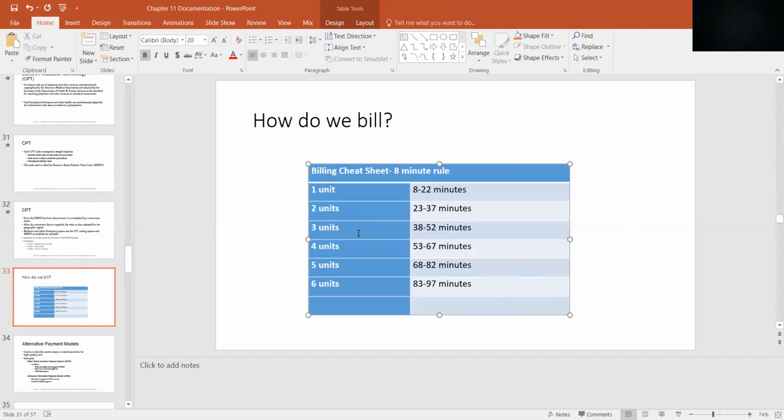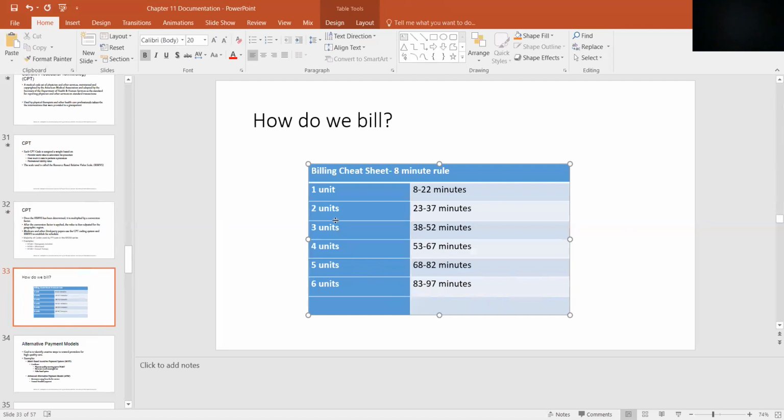Medicare doesn't necessarily like it when you get a lot of units of the same thing, and I'll talk about that in class. But if you get up to 3 units, it's between 38 and 52 minutes. 4 units is 53 to 67 minutes. 5 is 68 to 82, and 6 is 83 to 97.